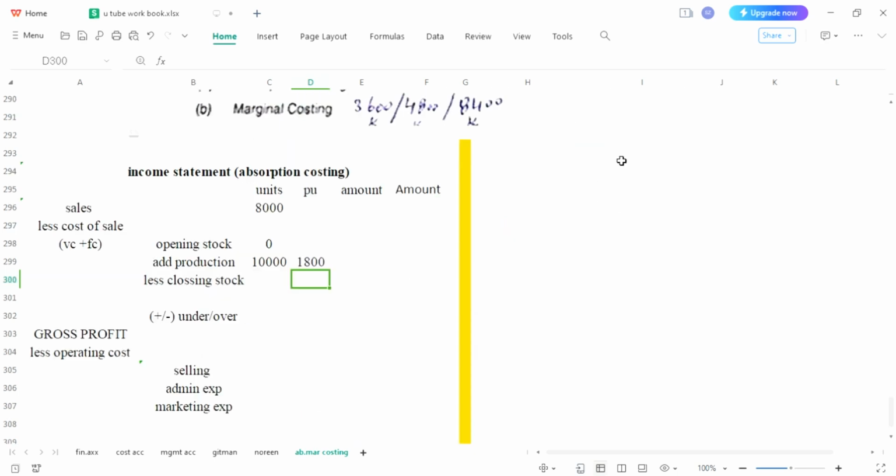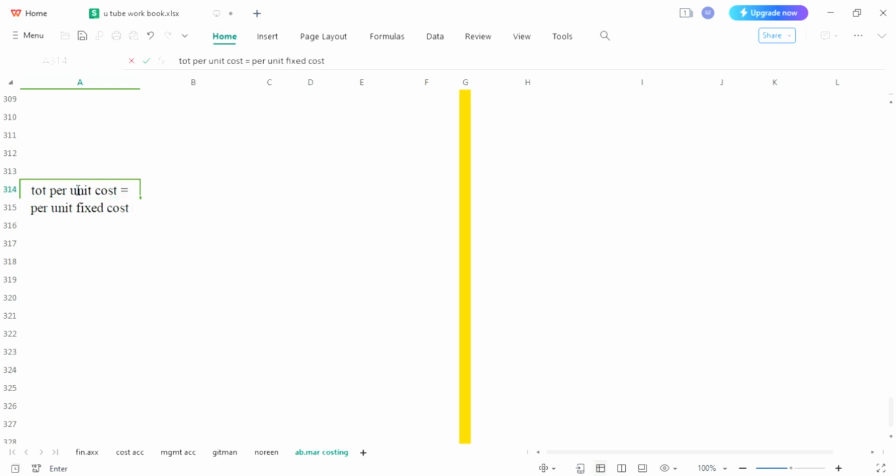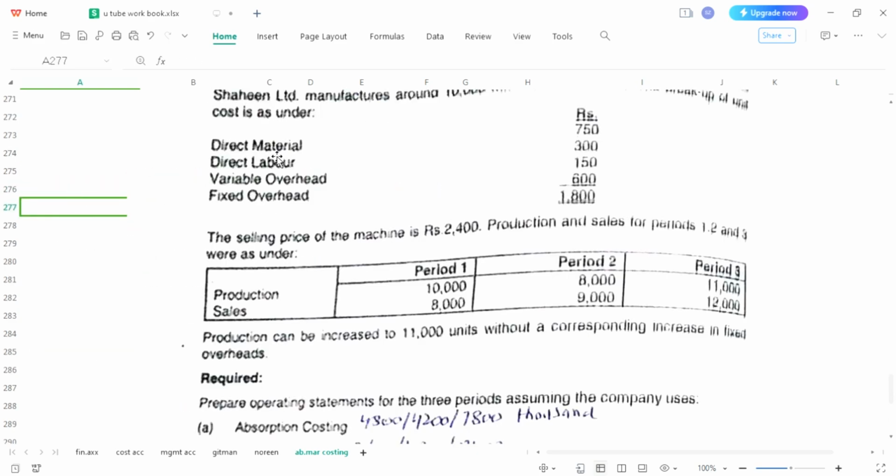In the previous question, to calculate total per unit cost, what did we do? We were adding per unit fixed cost to per unit variable cost, but now it's automatically given over here.